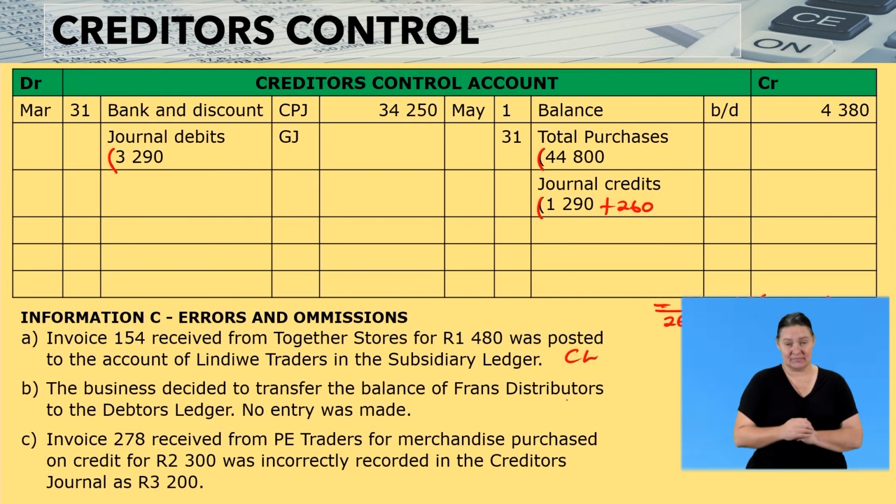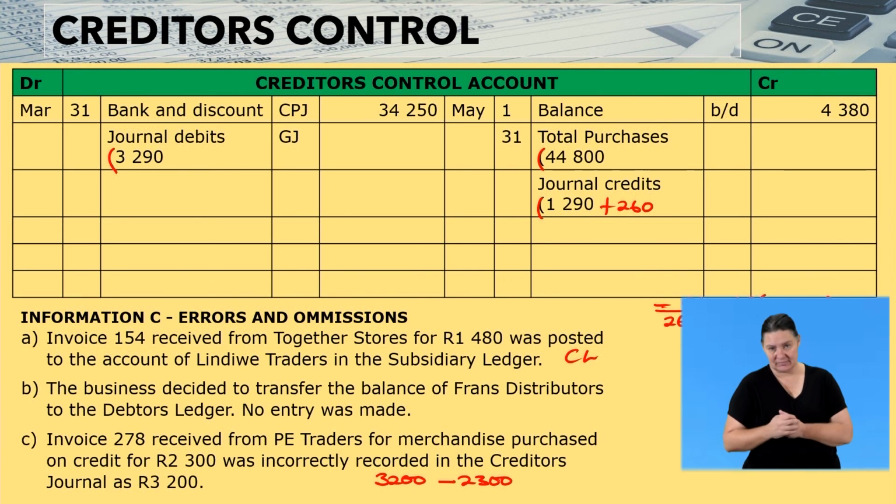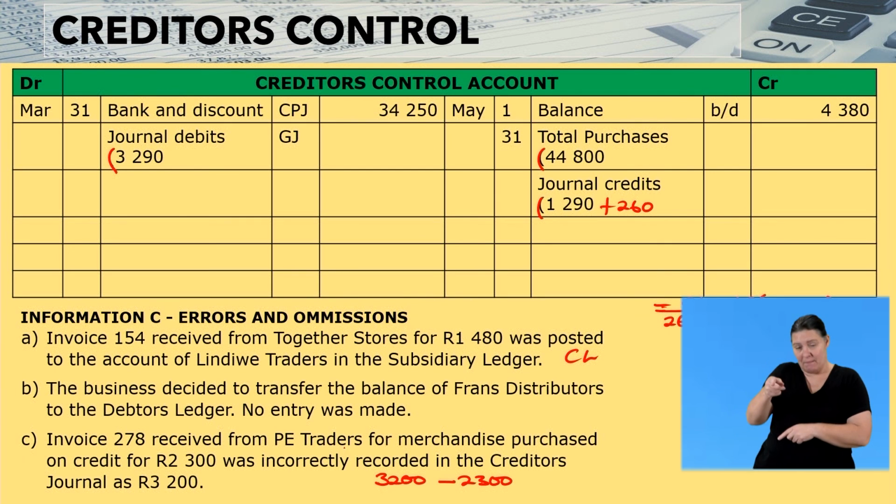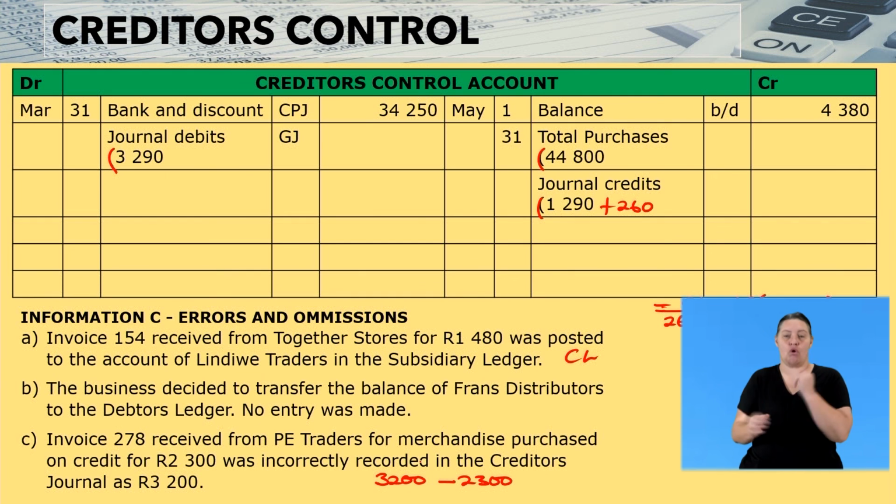C, invoice 278 received from PE Traders for merchandise purchased on credit, 2,300, was incorrectly recorded in the creditors journal as 3,200. They say the invoice was incorrectly recorded in the creditors journal.